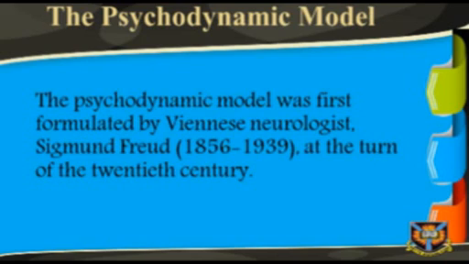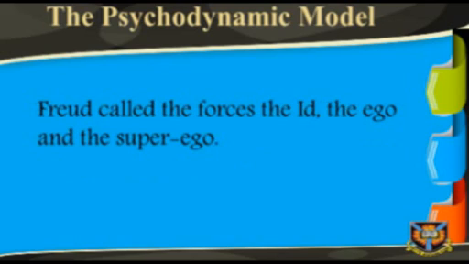The psychodynamic model was first formulated by Viennese neurologist Sigmund Freud, 1856 to 1939. At the turn of the 20th century, Freud developed the theory of psychoanalysis to explain both normal and abnormal functioning.